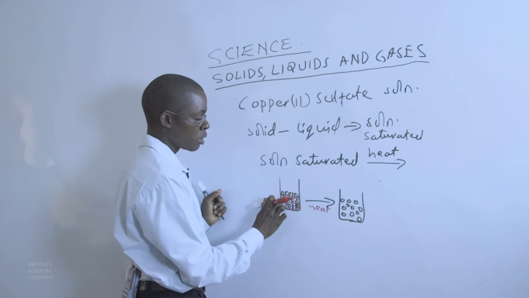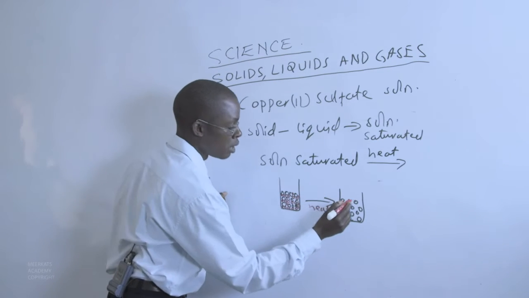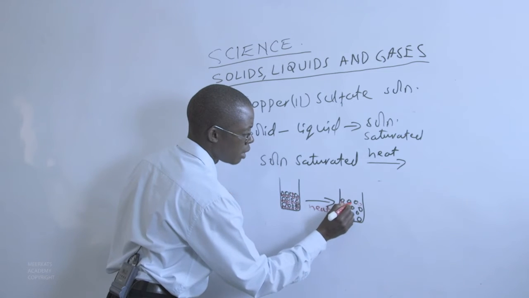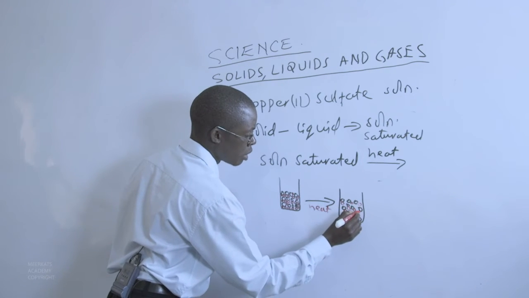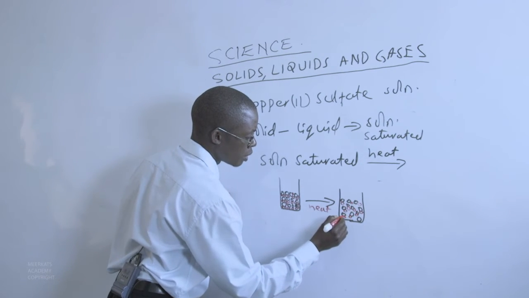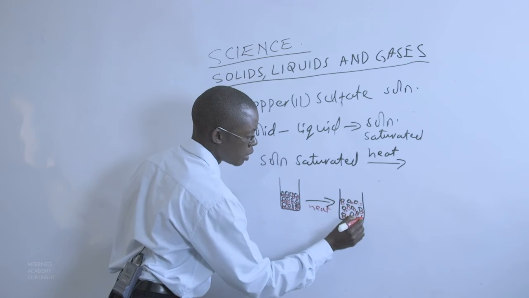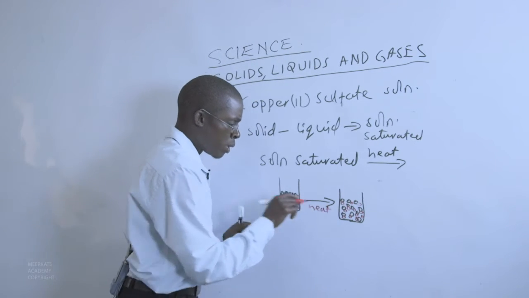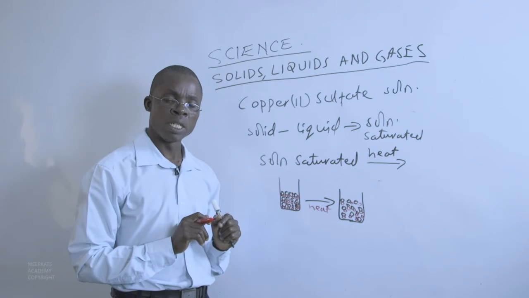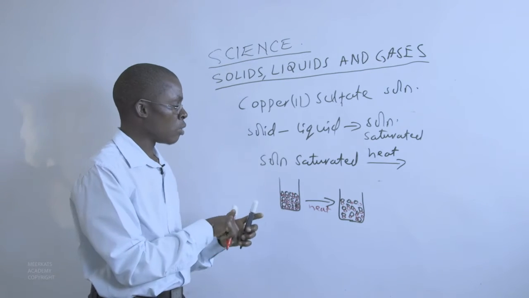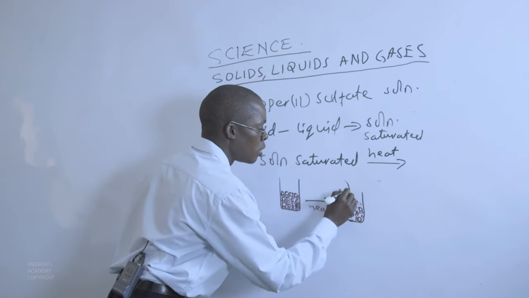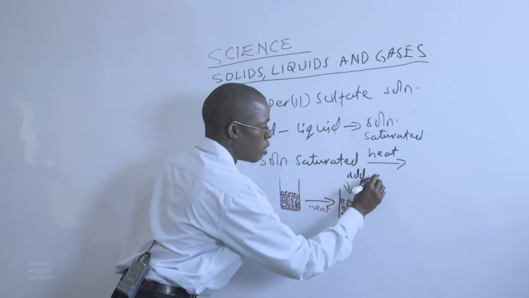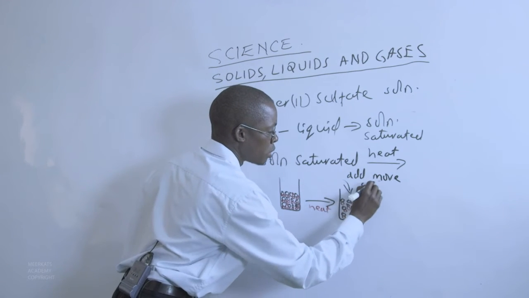As you can see, these ones are a bit closer than these ones. But still, they have the previous particles attached to them. Though they are attached, we can see some spaces in it. Because of this, you can now add more solute.